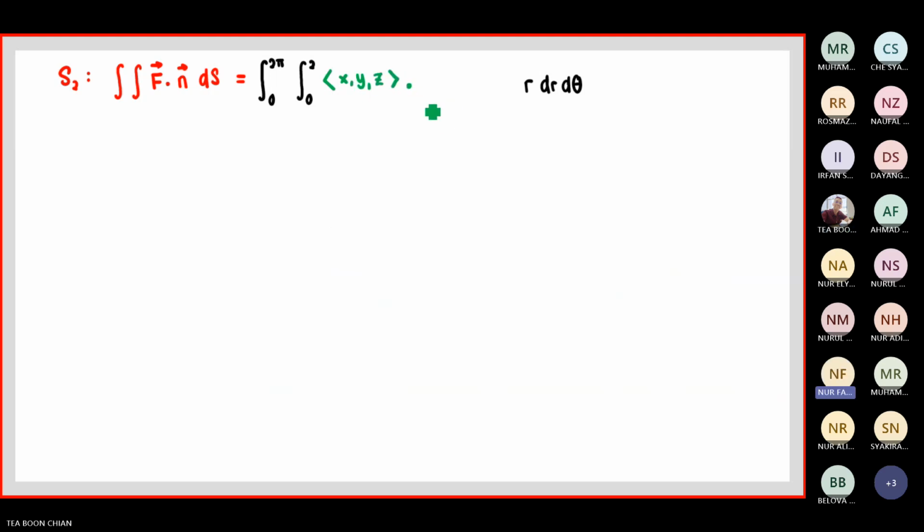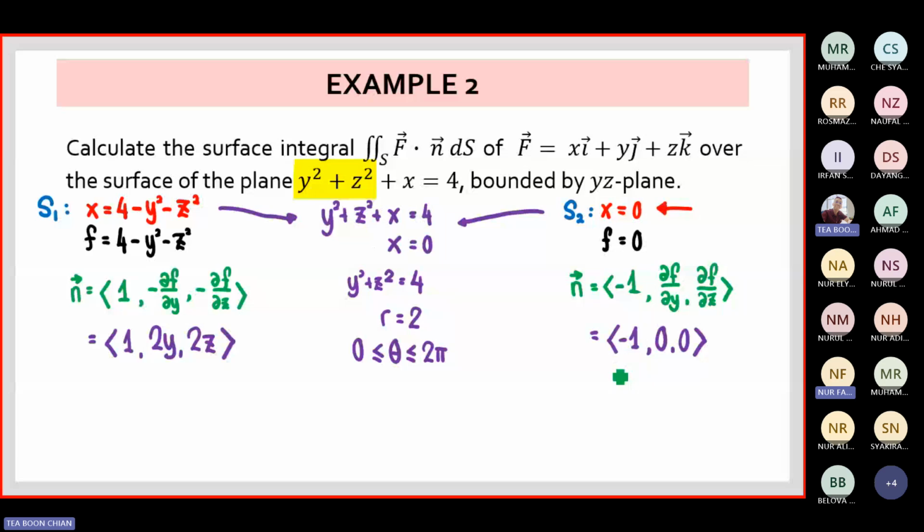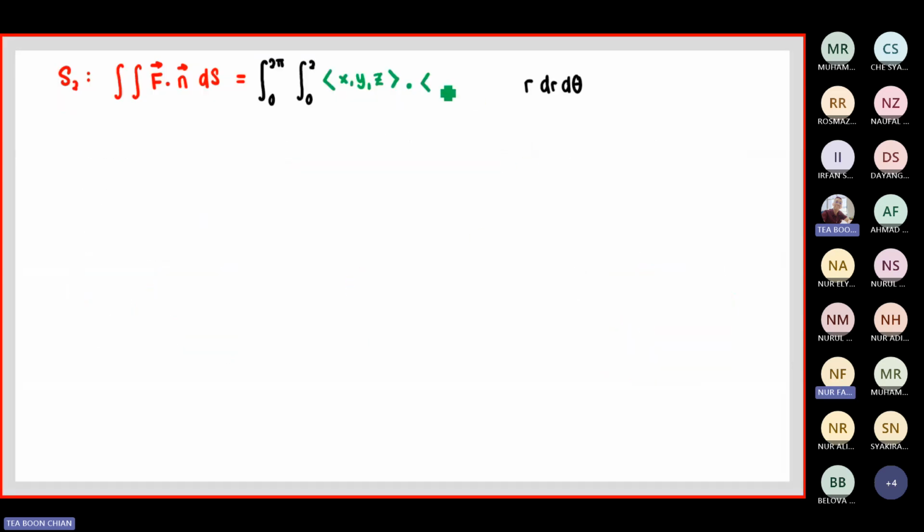But for the normal vector acting downward, it's (-1, 0, 0), so this is the one that I will use here. Now, for the dot product, you simply multiply component to component, which I have demonstrated a few times previously. x multiplied with -1, plus y multiplied with 0, plus z multiplied with 0.